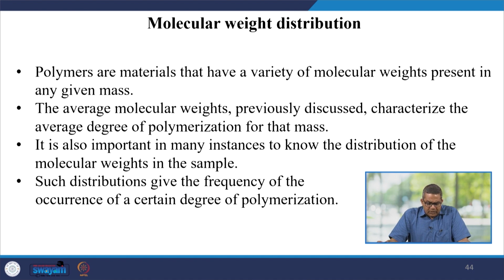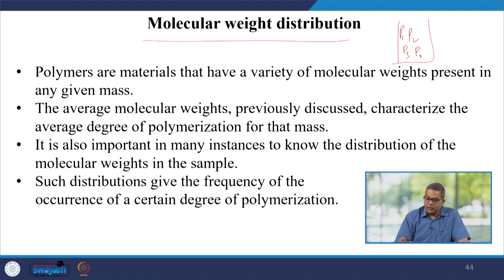Now, let us talk about the molecular weight distribution. As in brief, we discussed why we are more worried about this particular thing, because in a particular mass you will find monomer, you may find dimer, you may find trimer, you may find different types of polymer. That's why it represents a molecular weight distribution. The average molecular weights, which we discussed a couple of slides ago, characterize the average degree of polymerization for the mass.